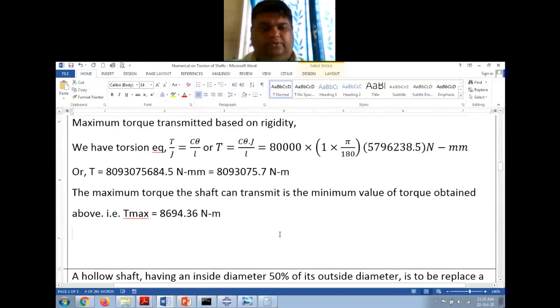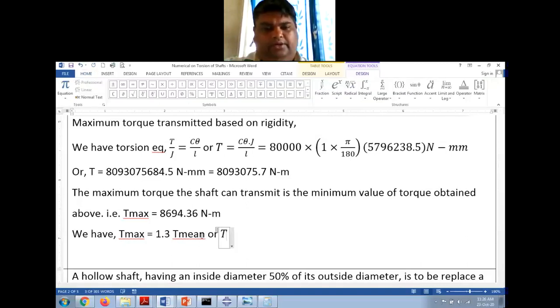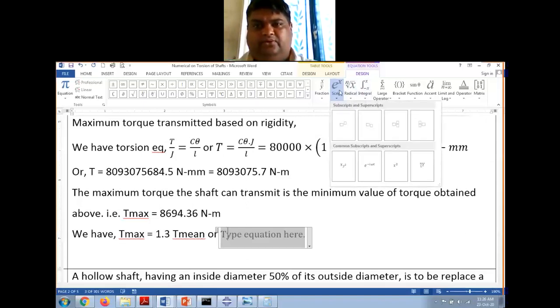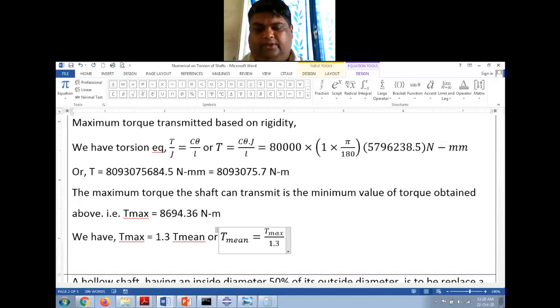So we have T max is equal to 1.3 times mean torque, or T mean, I'll make it subject, it looks very bad. P mean is equal to T max by 1.3, right?